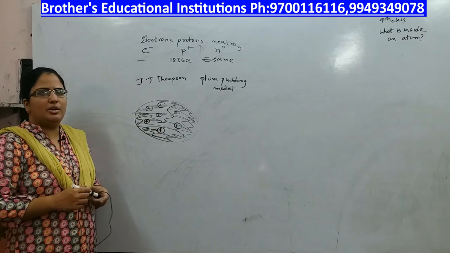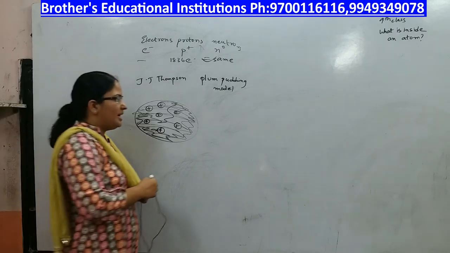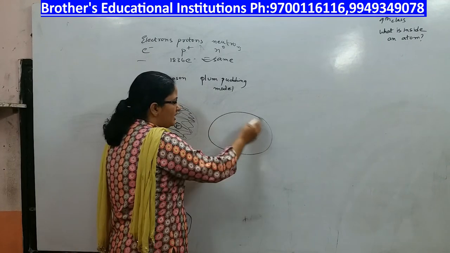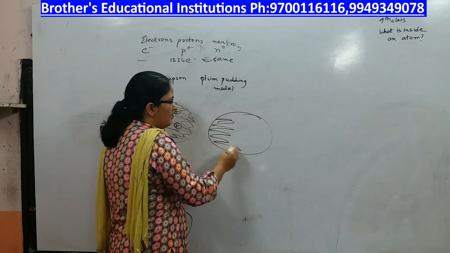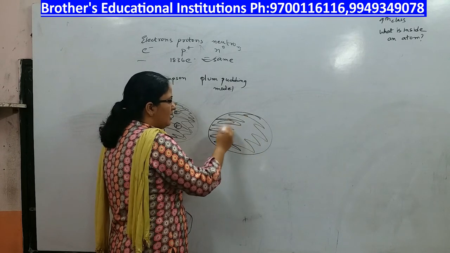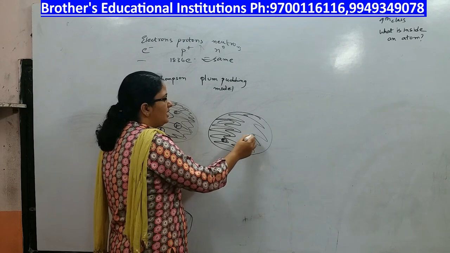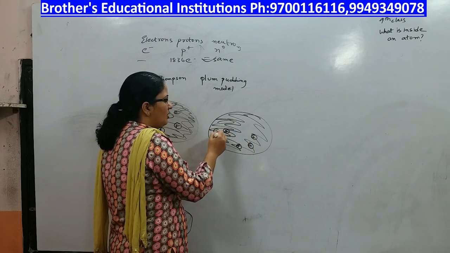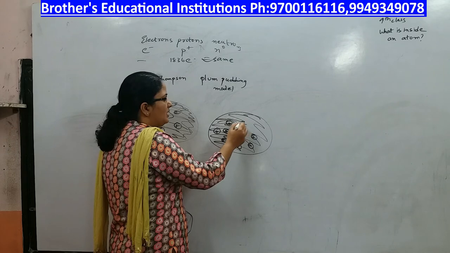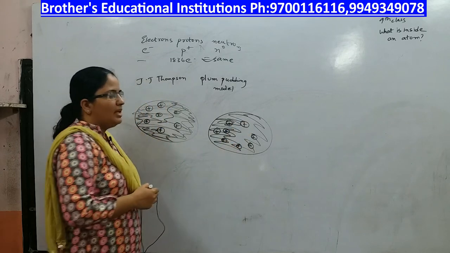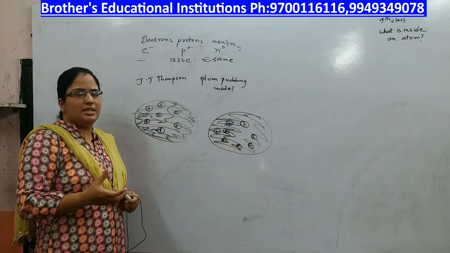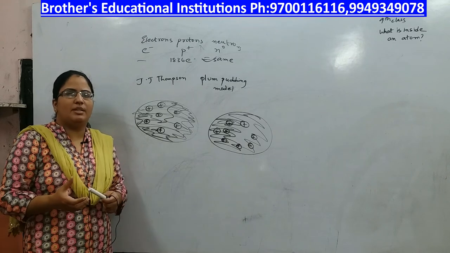Now, this is similar to a watermelon. You have red mass in the watermelon. This red mass can be considered as protons, and you have black seeds distributed here and there. These black seeds can be thought of as electrons. An atom is spherical in shape. This negative charge is said to be balanced with the positive charge.